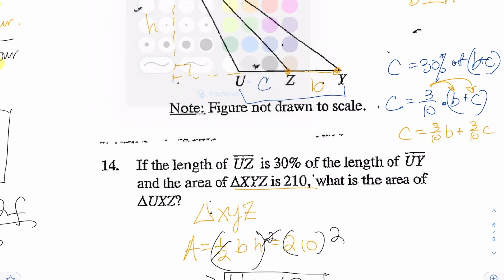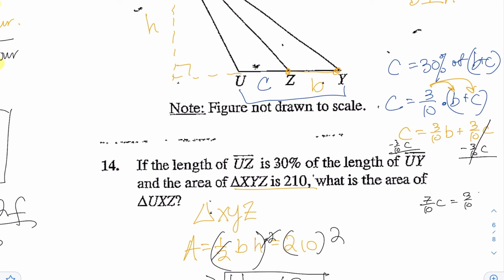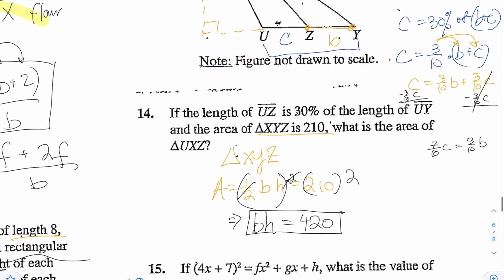So then if you subtract 3/10 of c from both sides, on the left side, you will get 7/10 of c is equal to 3/10 of b. So here, we want to get b in terms of c, so we're going to have to multiply both sides by 10 over 3 to isolate b.